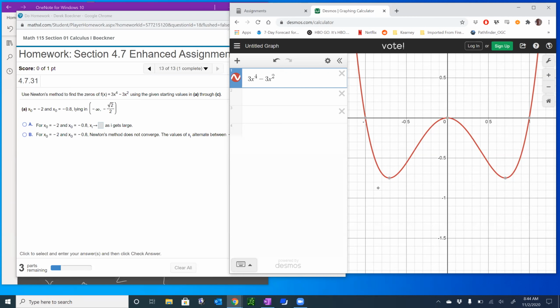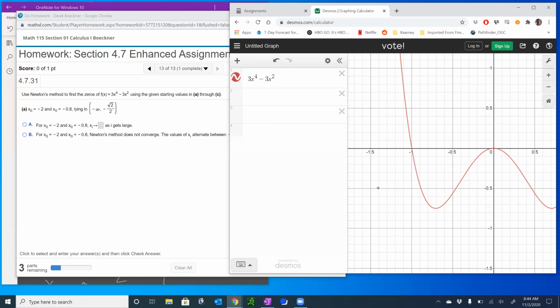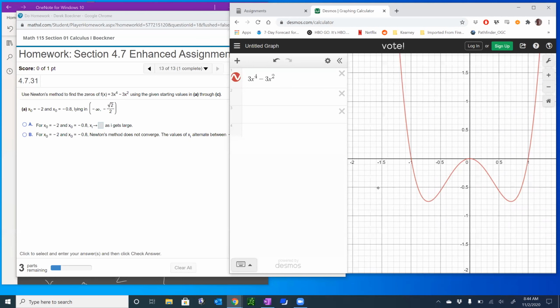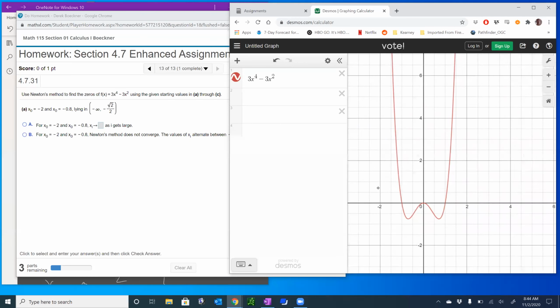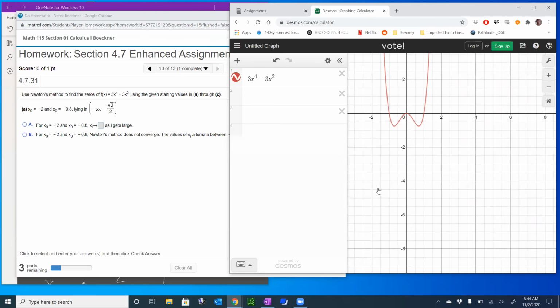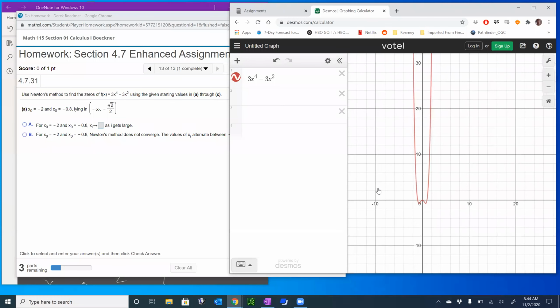Okay, so that's what this question is asking. If x0 is -2, so if I'm over here at -2, clear up there at like 30-ish, my slope is really steep.